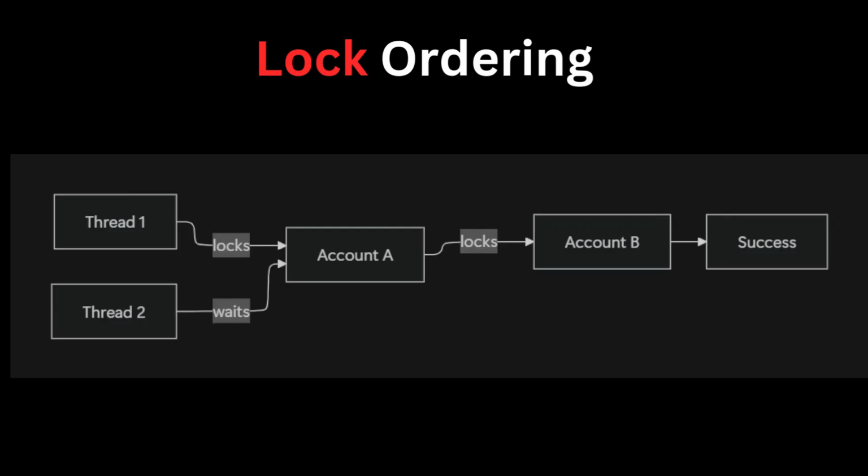We tell the code, I don't care who is sending money to whom. You must lock the smaller ID first. Now, if both threads try to transfer at once, they both race for the same first lock, the smaller account ID. So we have to lock in order.